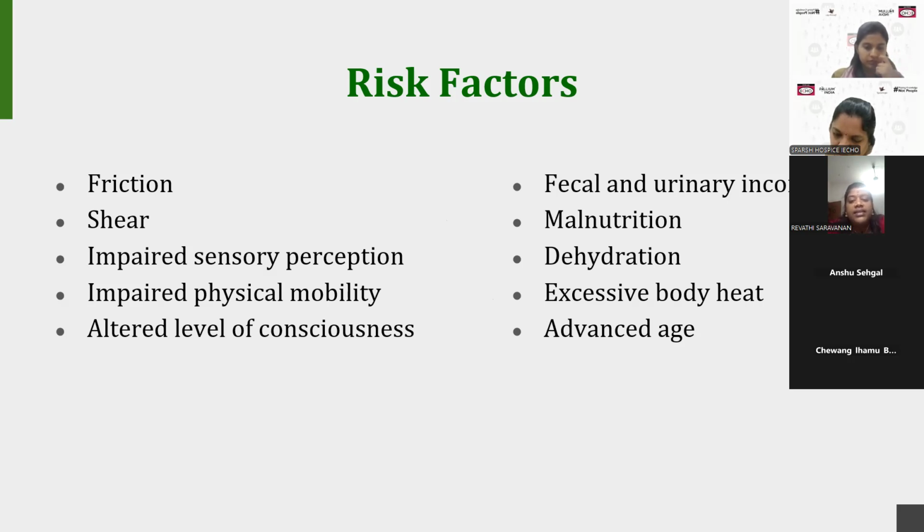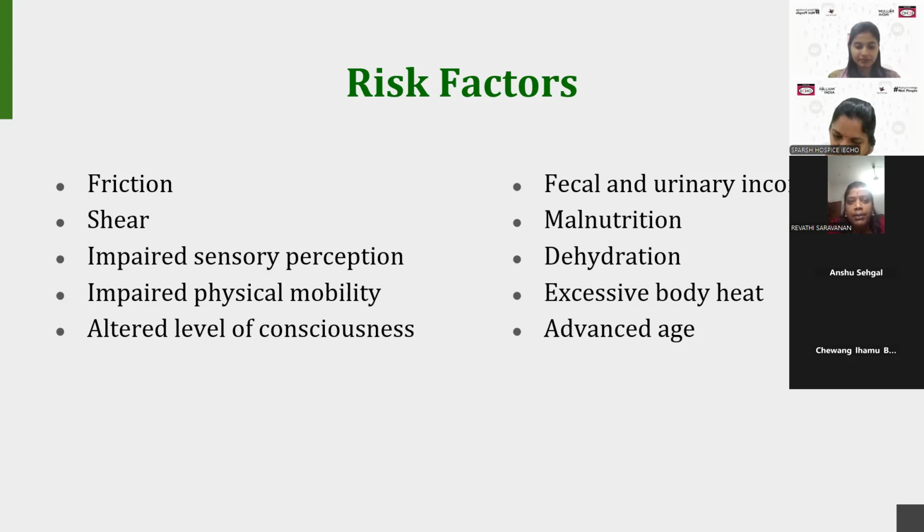Then impaired sensory perception. We have seen many patients like stroke patients, cancer patients, prolonged bedridden patients, geriatric patients. We have seen lots of patients. Their sensory perception gets decreased due to the pathophysiological conditions of the disease. So their sensory patterns will be disturbed.